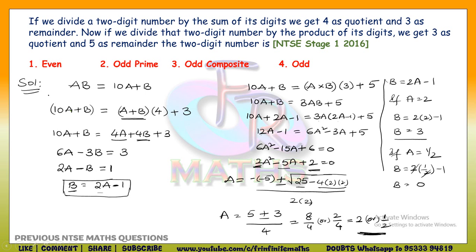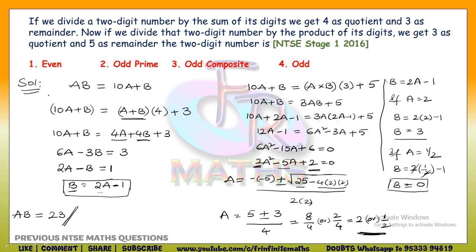Let us see what numbers we are going to get. If A is equal to 2, then B is equal to 3, so the two digit number AB is equal to 23.